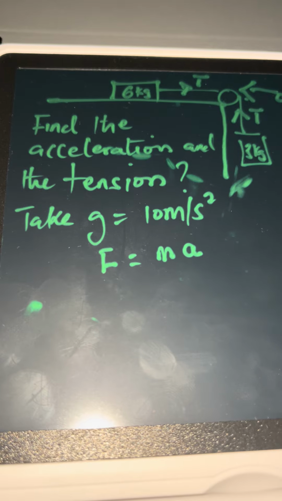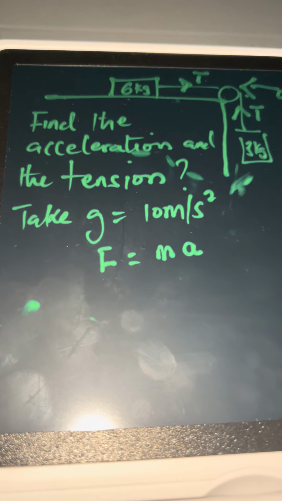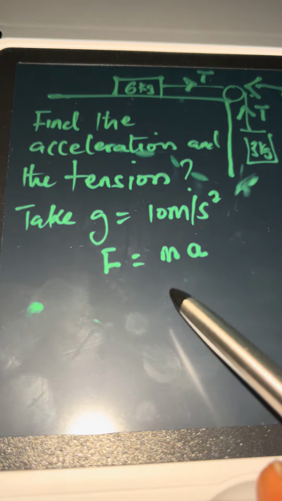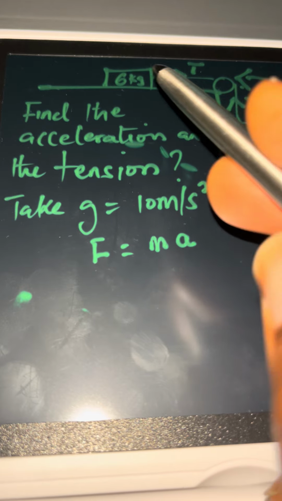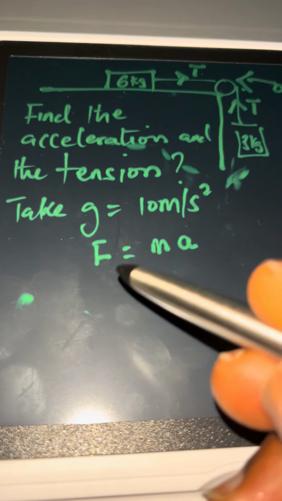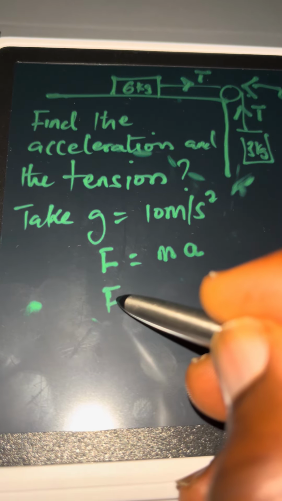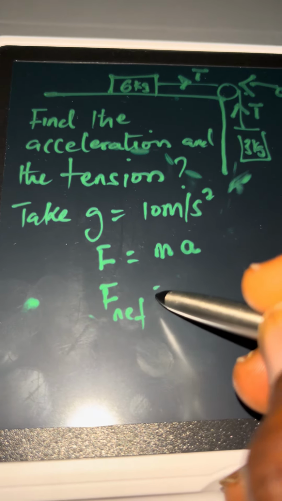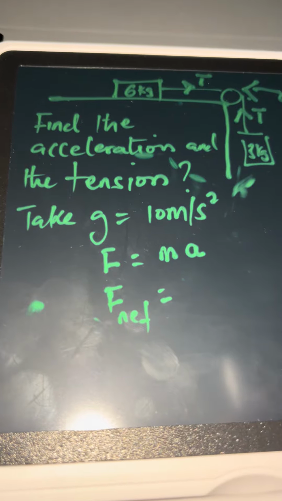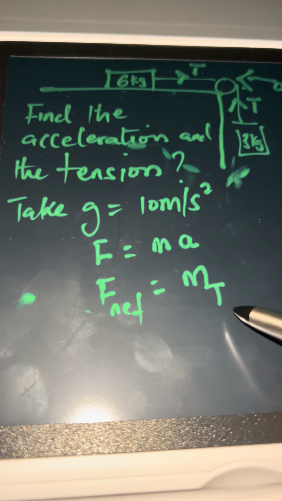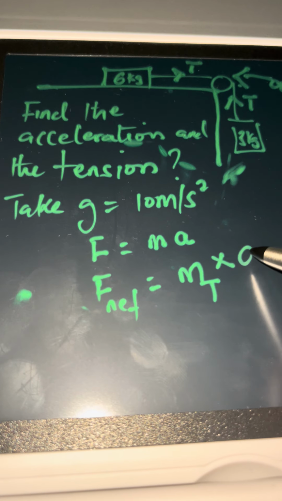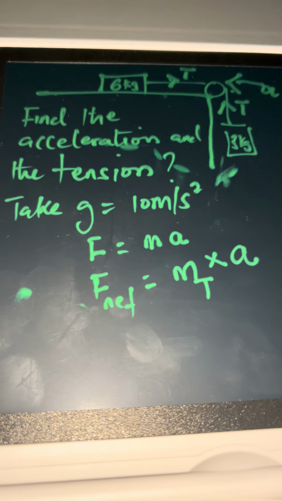That means something will come to your mind, which is net force. Using this second law, because this system is a system of two masses, we are going to talk about net force. Then when you say net force, something will tell you about total mass, that is total mass times what? Acceleration. Do you see it now?